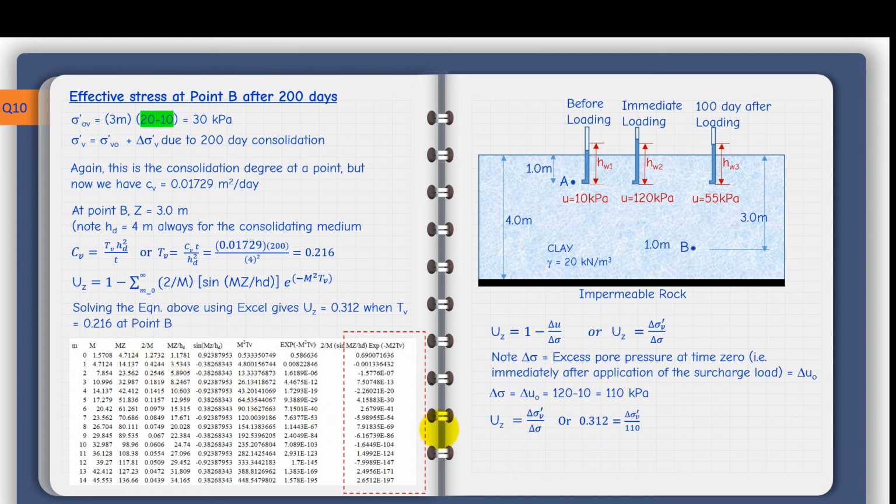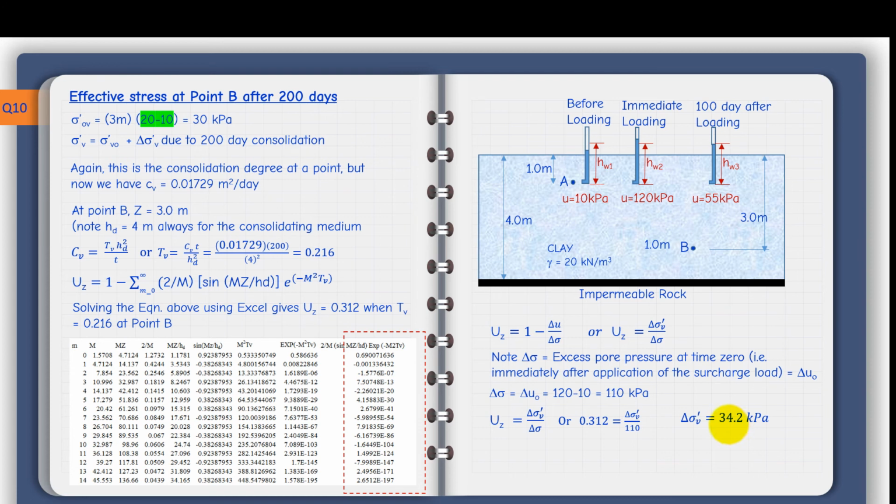We did it before. So I can now say UZ by definition is delta sigma dash V divided by delta sigma. I have the degree of consolidation at point B, just calculated it here as 0.312, substitute. And the delta sigma is 110, so I'm able to get delta sigma dash V, which is the effective stress change required in the question.